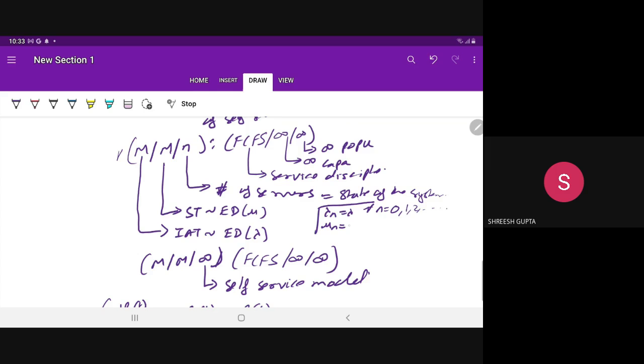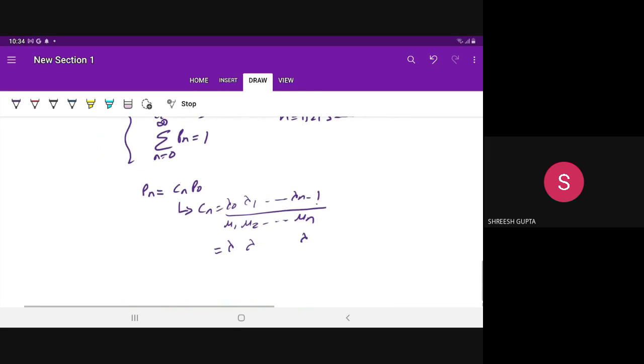Mu n is given to you as n mu for n is equal to 1, 2, 3 and so on. So this is the rate condition for the self service model. This you have to remember. For the self service model we have lambda n is equal to lambda and mu n is equal to n mu.